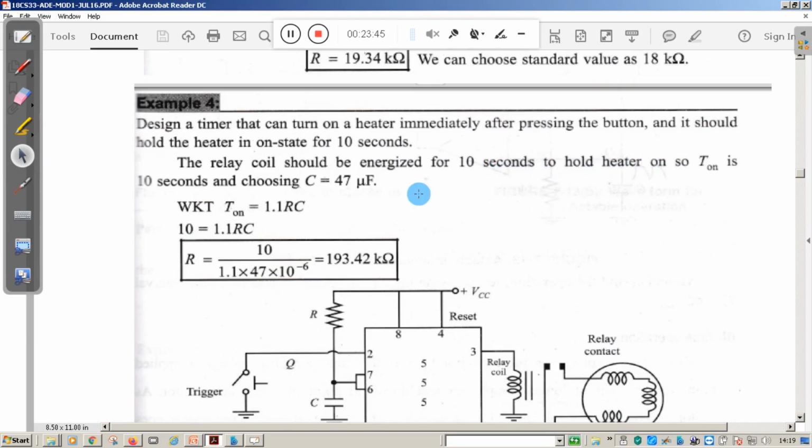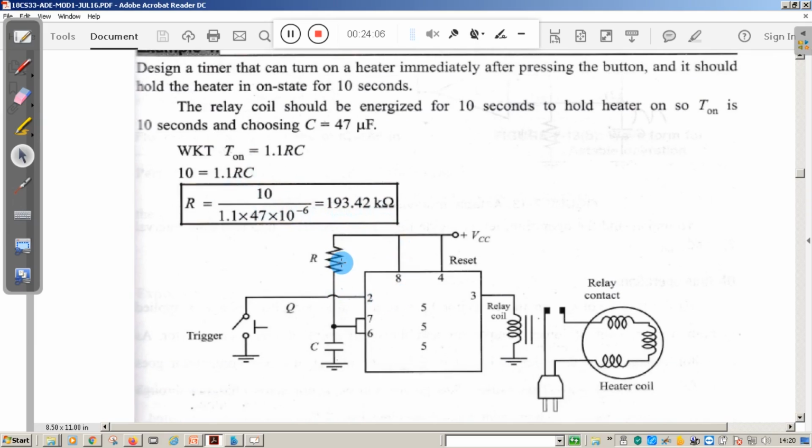Select the capacitor value as 47 microfarad, and T1 = 1.1 RC. We don't know R but we know C. Substituting the values, you will get R = 193.42 kilo ohms. So this will generate the approximate timing circuit.